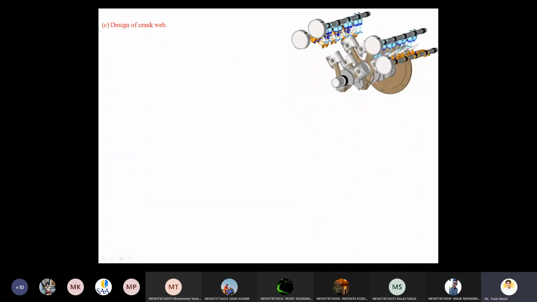Now the next one is the design of the crank web. For the crank web, the same procedure we practiced in the previous case, here also we have to take. When the crank is at the dead center, the crank web is subjected to a bending moment and a direct compressive stress.